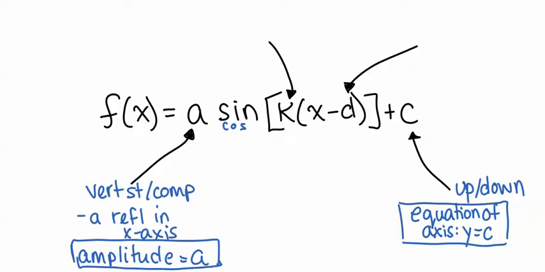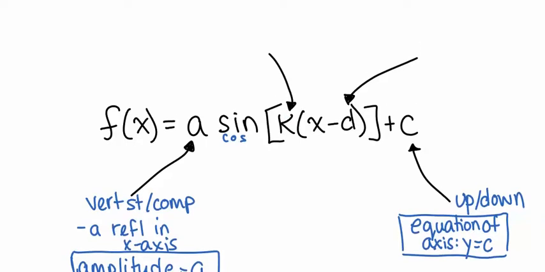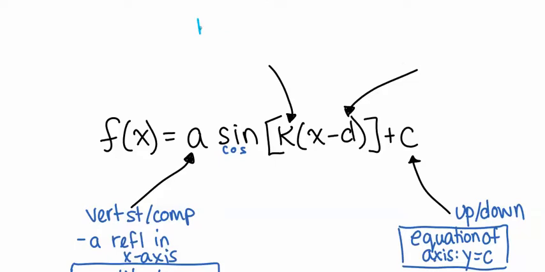Okay, and then if we look at K and D, I think those are the trickier ones. So K is the trickiest of all. And K is going to be our horizontal stretch or compression. And remember, just to note, it's always opposite. So if K is a half, it's actually a stretch.